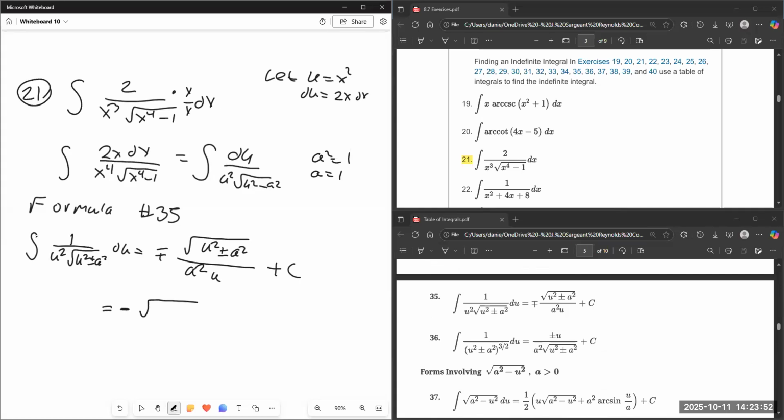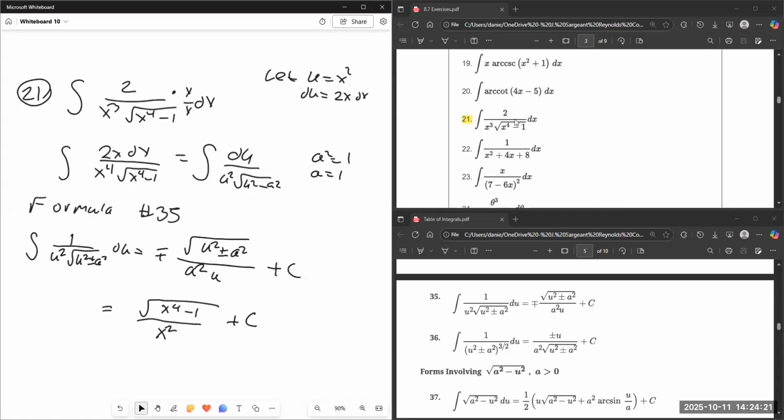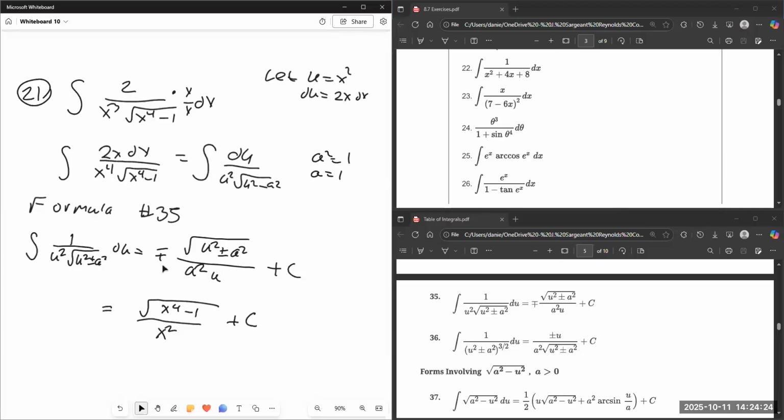This is going to be negative root, and then keep this the same, x to the 4th minus 1 over a squared is 1. u is x squared plus c. So this was a minus. This changes to a plus. Again, if this says plus minus and it was a minus, we're going to change the sign here to the opposite of that sign. So this is going to be positive.